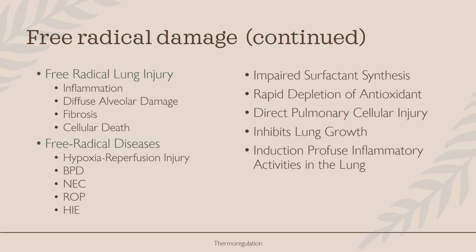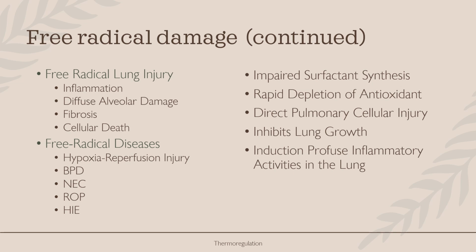As you've already seen, that's the last thing that we need. Free radical diseases that result from this injury are hypoxia perfusion injury, BPD, NEC, ROP, HIE. These are all contributed by free radicals.